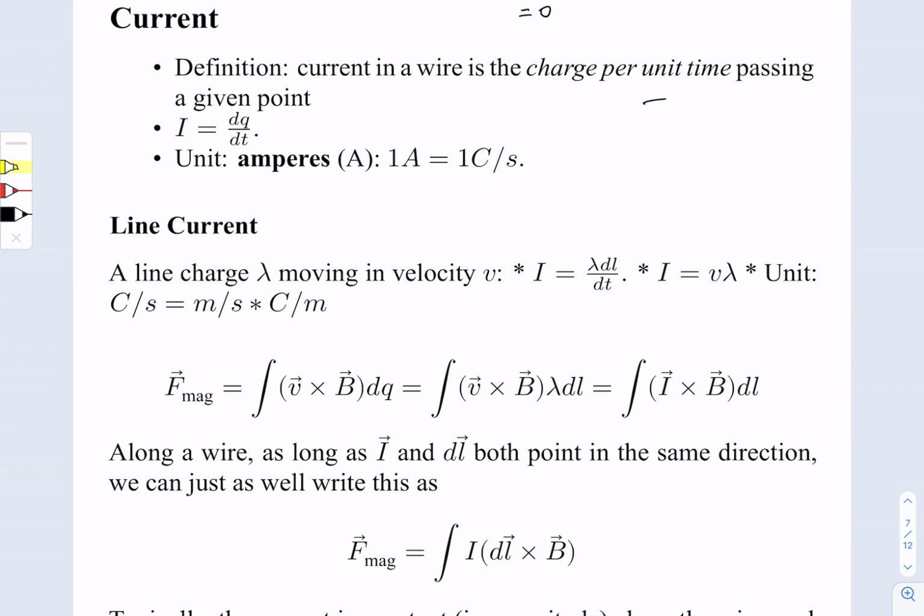So suppose that this is a wire, and you cut the wire here, and then you count all the charge that passes through your surface per unit time. So the unit of this current is coulomb per second, which is ampere.